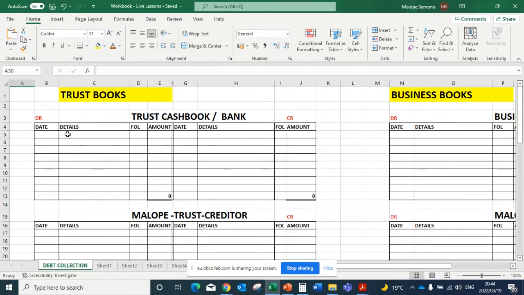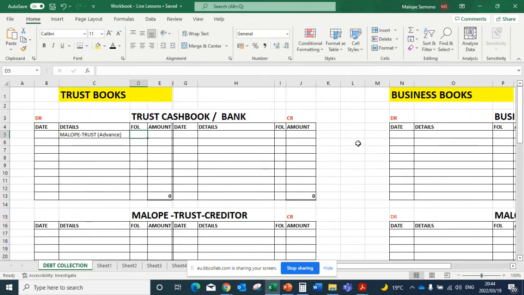So I'm going to come here on the debit side and say Malope Trust. In brackets, I'm just going to say deposit or advance, it doesn't matter. Advance is like a deposit at the end of the day. Just for control.